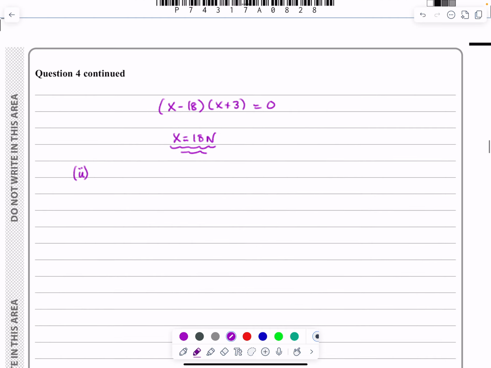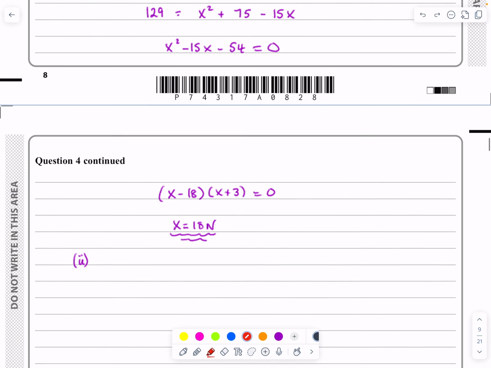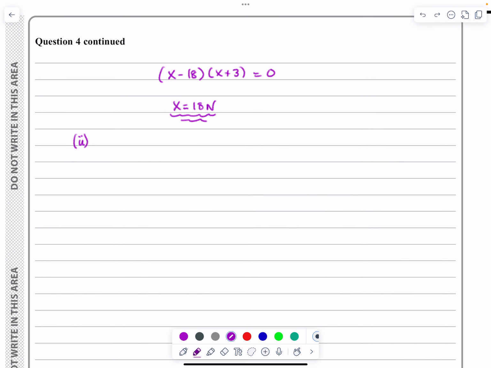So if I'm doing sine rule, I want two pairs, don't I? So I'm going to have X and that angle, and then I'm also going to have 30 and the root 129. Those will be my two pairings for my sine rule. You should absolutely be able to do this IGCSE work. I'm going to say sine theta over 18 will be equal to sine 30 over root 129.